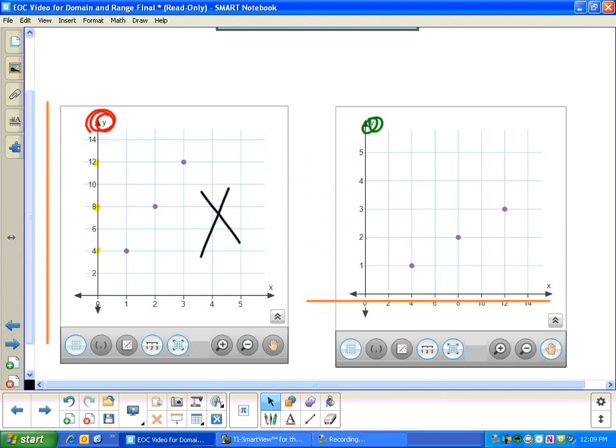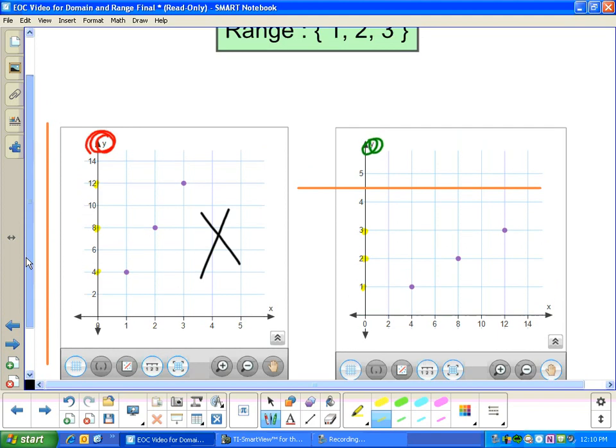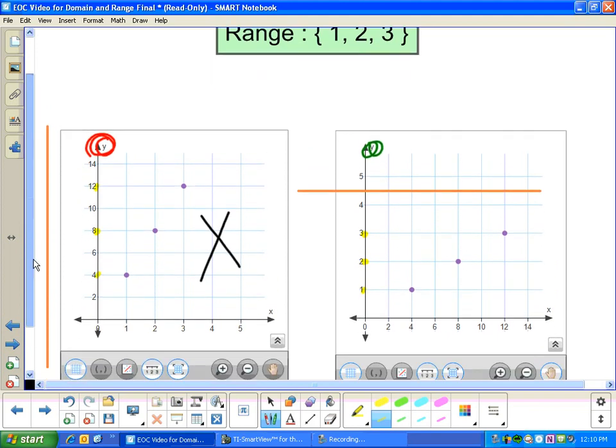Here we go. And you can see that I would highlight at 1, at 2, and at 3. So I'll do that real quick. Okay. And you can see that that's actually a match. This graph does have a range of 1, 2, and 3.